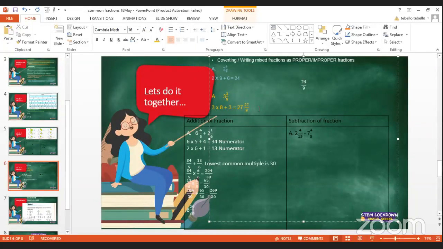And then we'll have 3 multiplied by 8 plus 3 equals 27. And then our numerator will change. Then we can have 27.